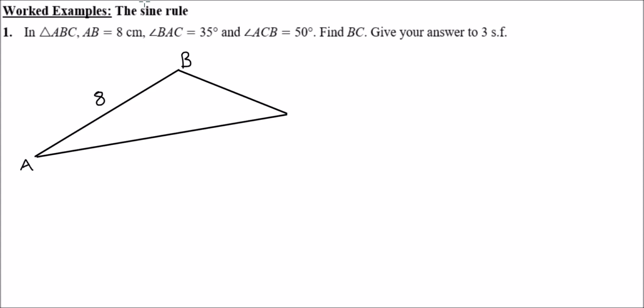If that's A and that's B, I need to label this one at the end C. Now what angles do I need to label? The angle at A is 35, so I label this one 35 degrees. And the angle at C is 50, so that needs to be labelled 50. So find BC. BC is this side here.